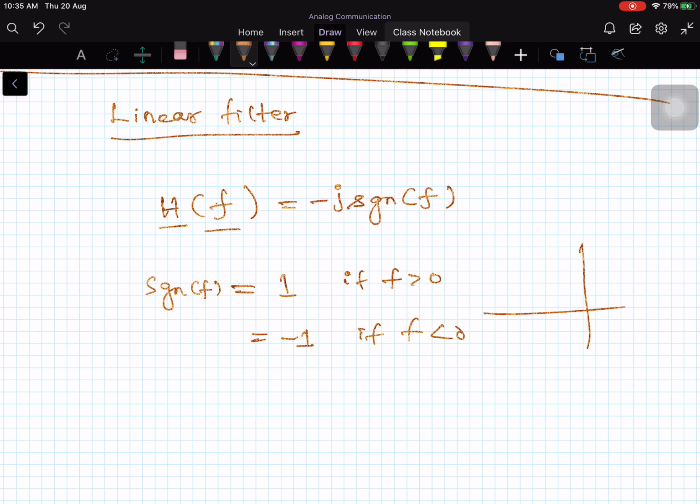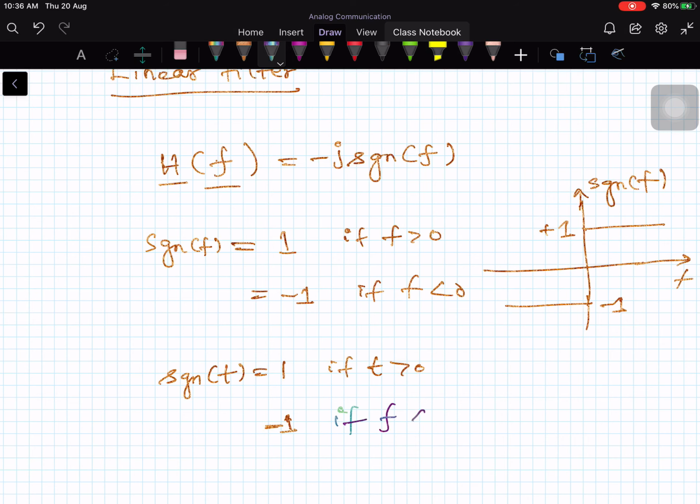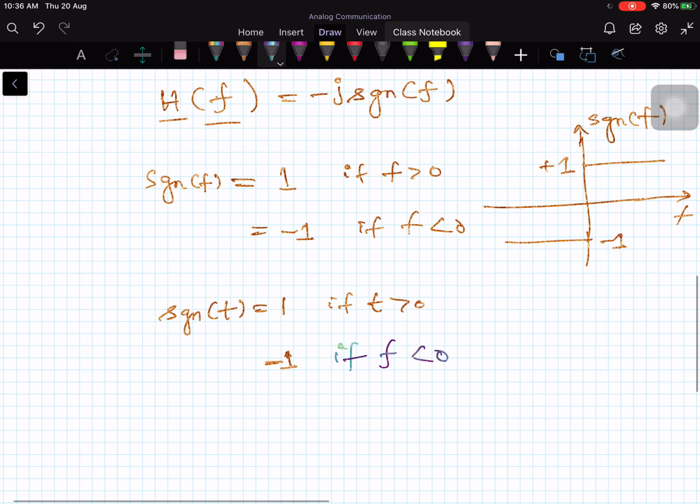If you draw it, it looks like this. This is minus 1 and this is plus 1. This is signum of f, and this is the frequency axis. Similarly, you can define it in the time domain also. Signum of t is equal to 1 if t is greater than 0, and it is minus 1 if t is less than 0, and it is 0 if t equals 0.